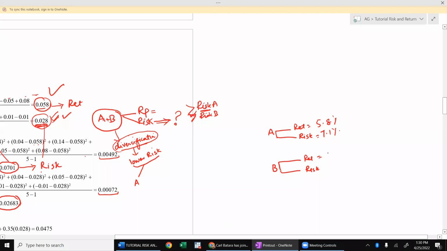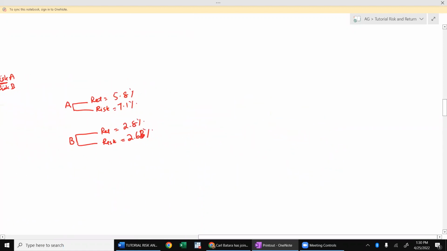Return for B is 2.8% and risk is 2.68%. So these are the returns that I calculated.